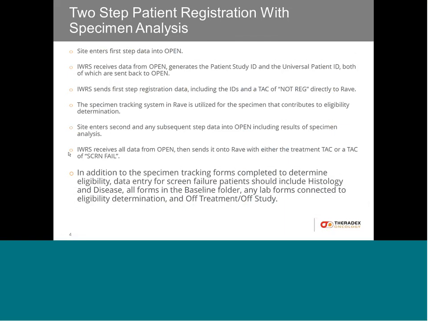But what I want to focus on is this last bullet point, that for screen failures, the expectation is that histology and disease form will be completed, all of the forms in the baseline folder, any lab forms connected to eligibility determination, and then the off-treatment, off-study form. So that closes out that screen-failed patient.